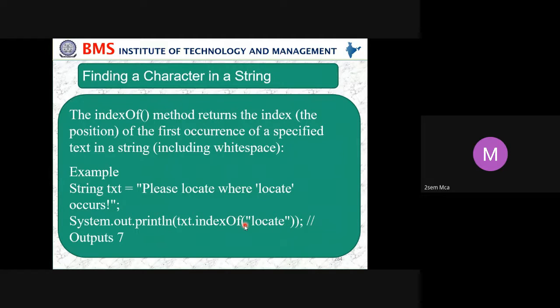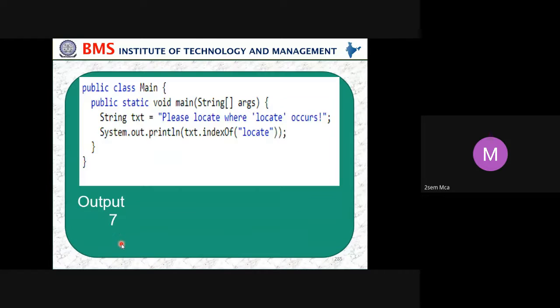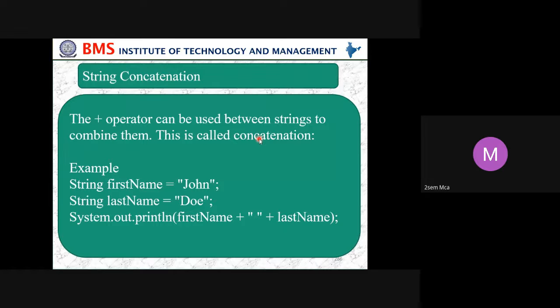In this case, the string has quotes also, so the output we will get is 7. The same thing, this is how we can write it in the program and display that for "locate": what is the index of "locate", in which position it is? Okay, so next we move on to concat.